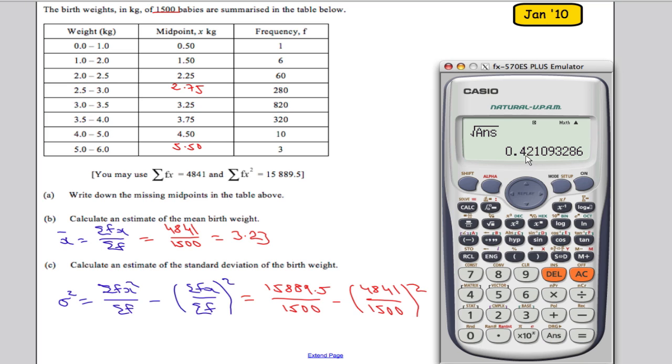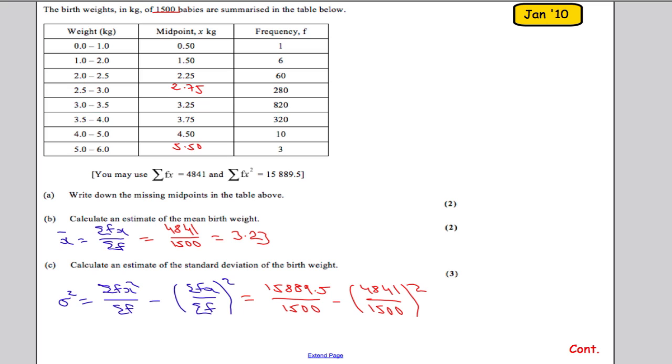So 0.421 to three significant figures. So the variance is calculated by doing this, and then I take the square root of my answer to get the standard deviation sigma, 0.421.